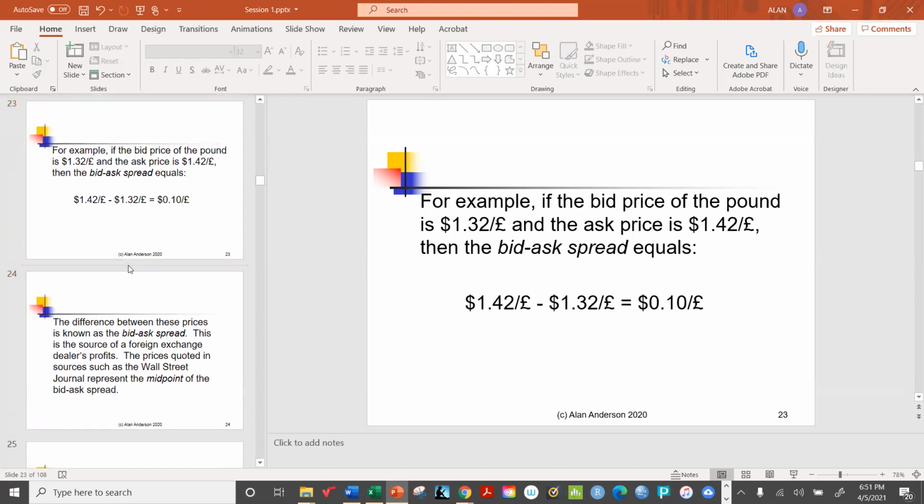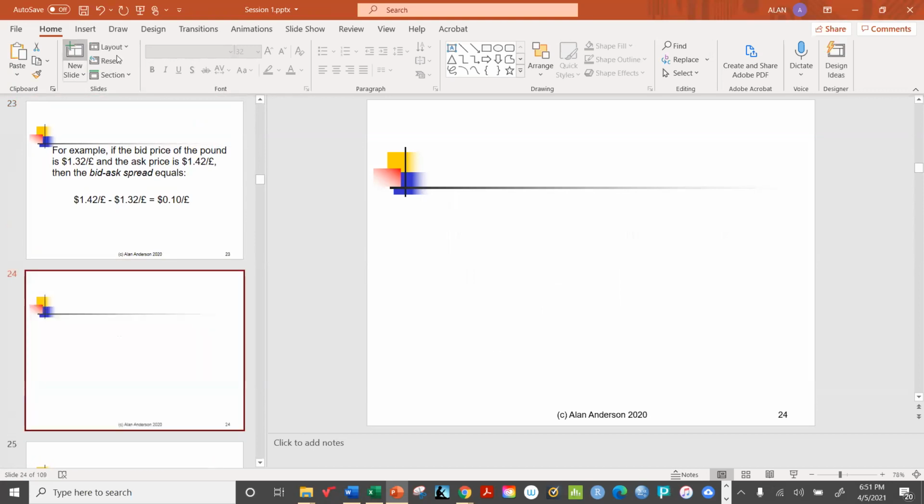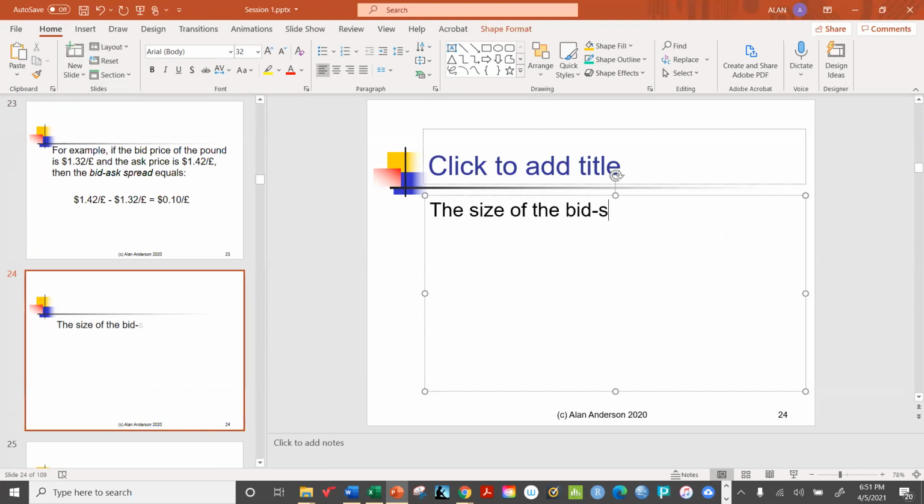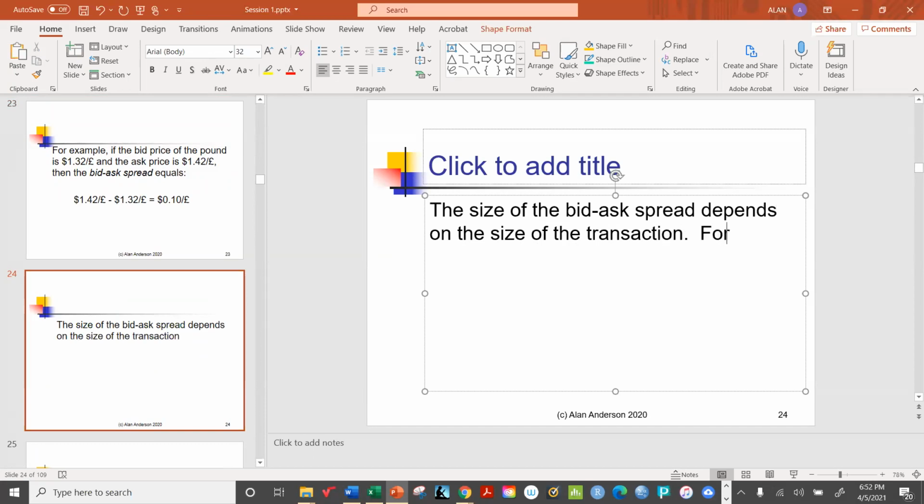In fact, let me add this in here. The size of the bid-ask spread depends on the size of the transaction. For larger transactions, the bid-ask spread will be smaller.